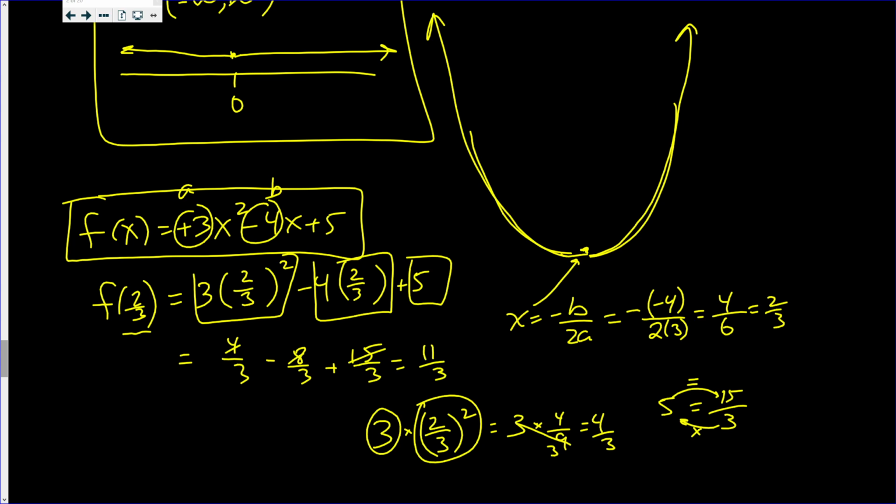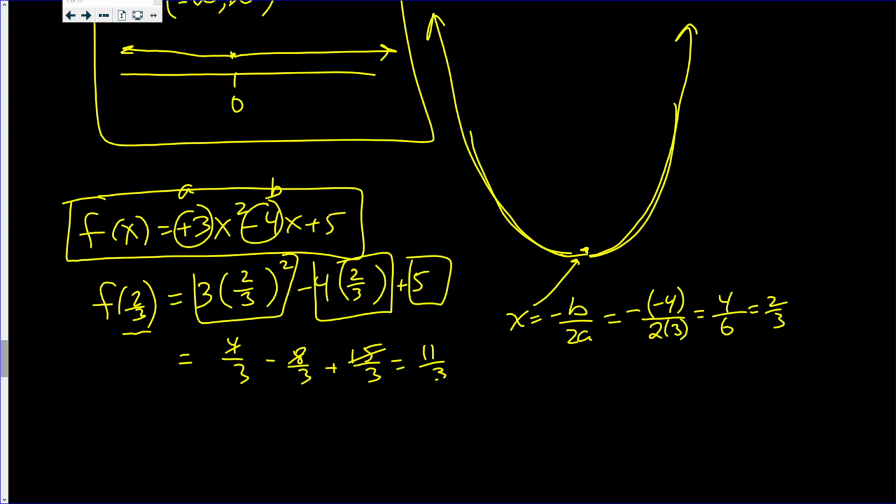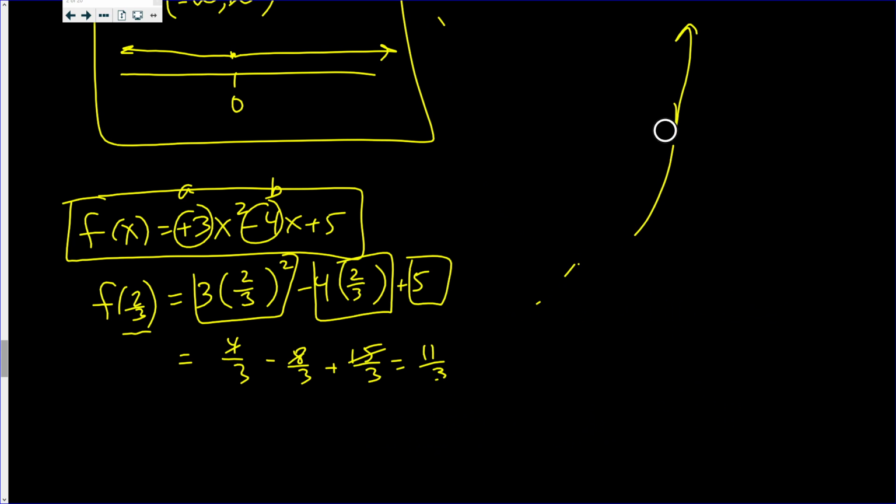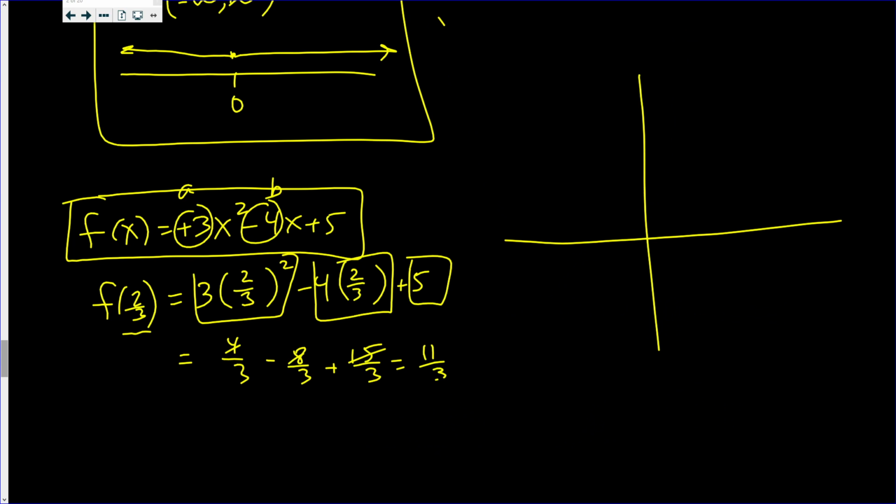Okay, so what I discovered was the following. Let me erase this, please. What I discovered is that the min value is, well, x is 2/3 and y is 11/3.